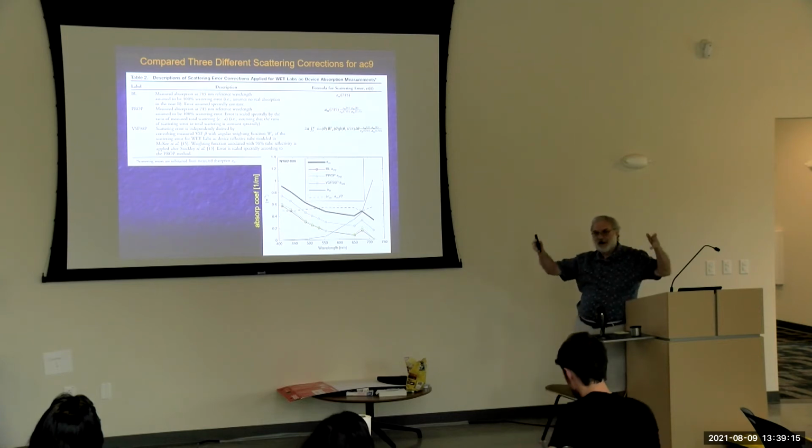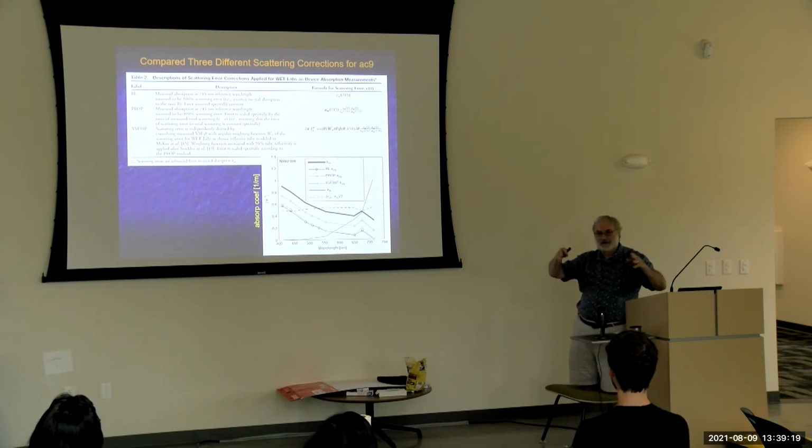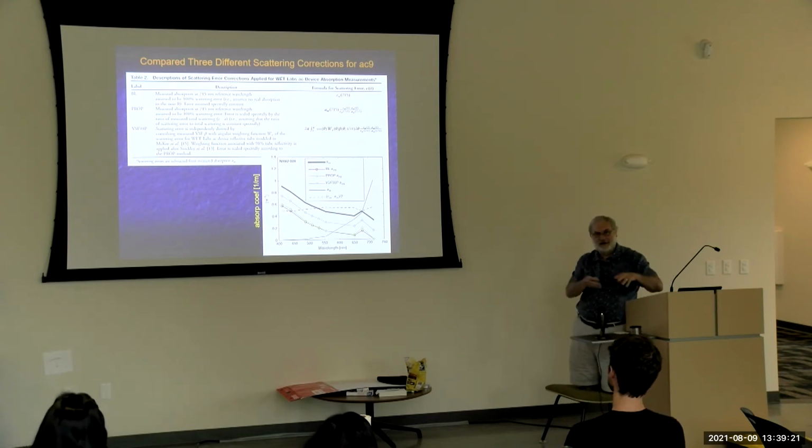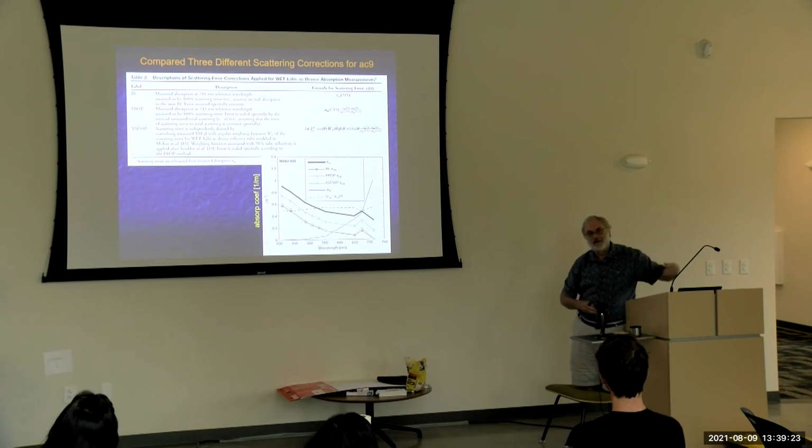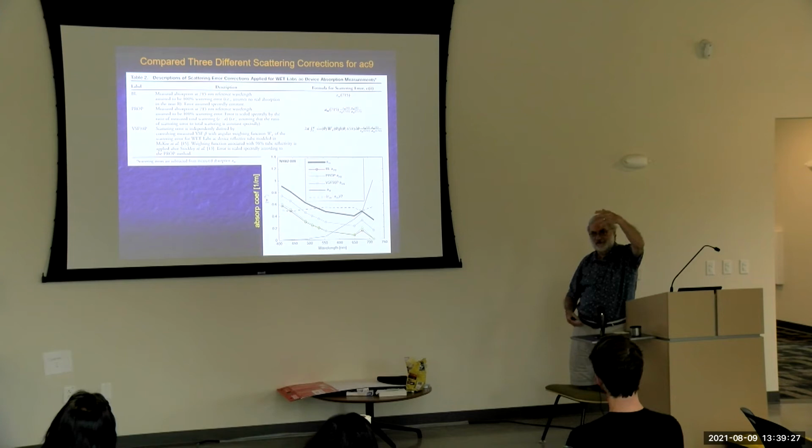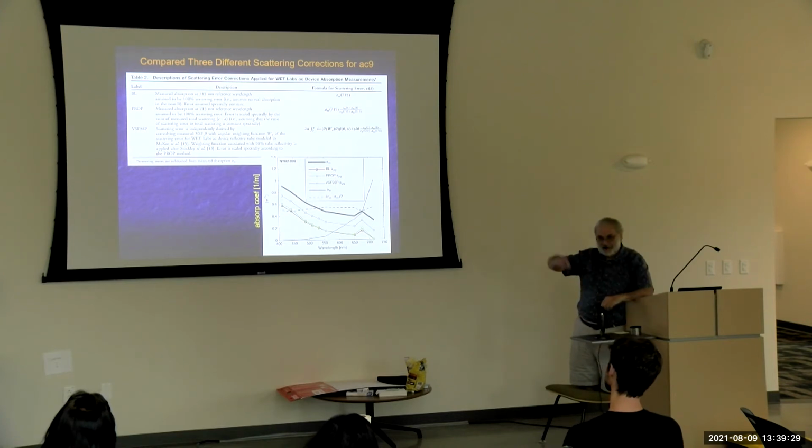You start out with a volume scattering function, use that to figure out the scattering correction, and get a better set of absorption and scattering. Then you go back and say, now I have a better idea what the phase function is, you tweak that, and you iterate and hope it converges.